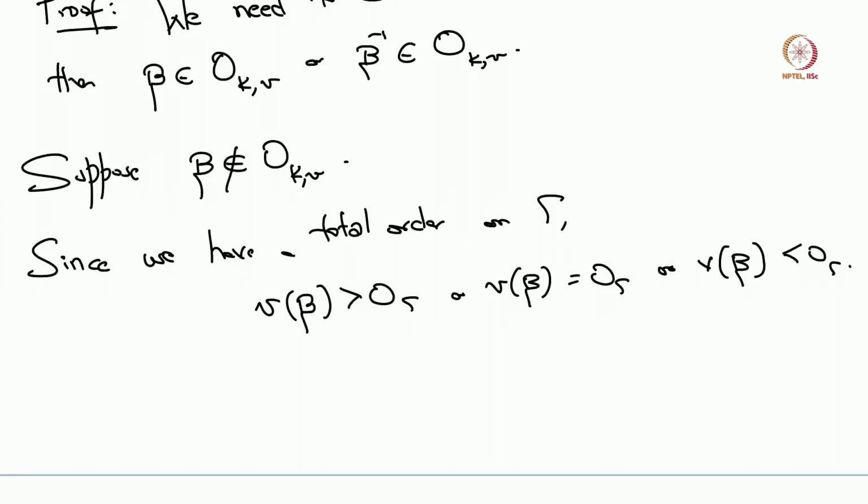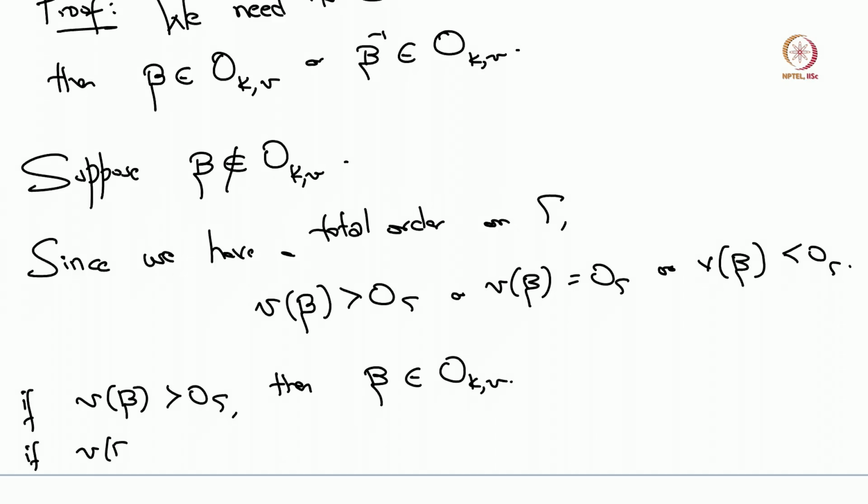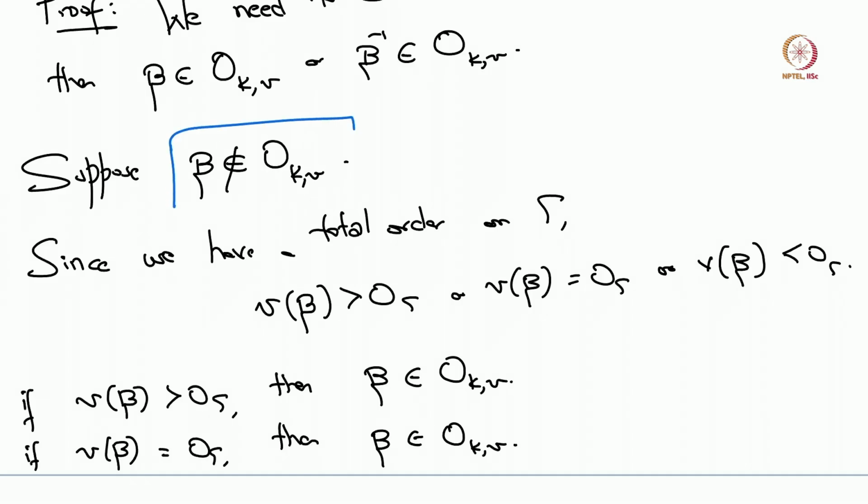Now in the first two cases, if the valuation of beta is larger than 0, then beta belongs to OKV. If the valuation of beta is equal to 0, by which I mean the identity element of gamma, then also beta belongs to OKV. But we are working with this assumption that beta does not belong to OKV.